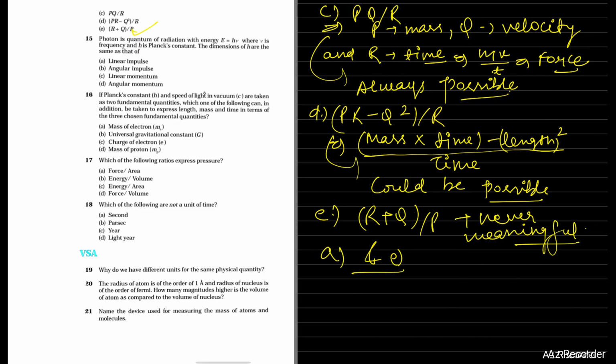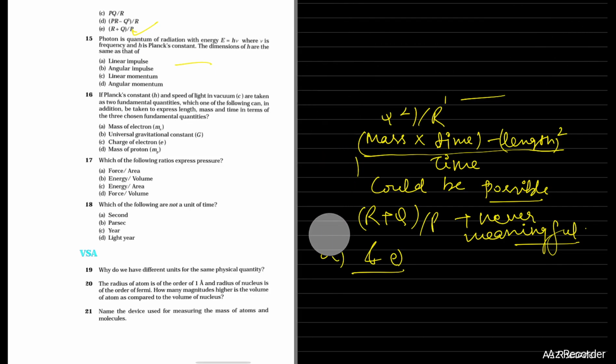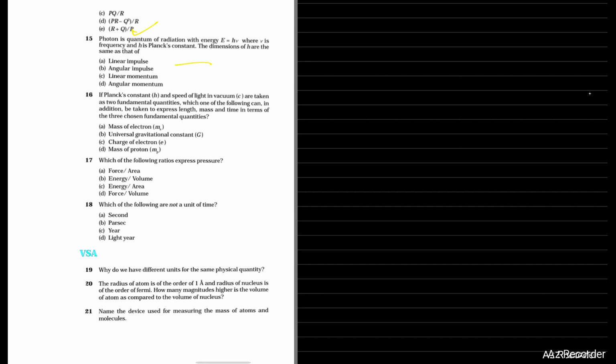Now question number 15. Photon is a quantum of radiation with energy E equal to h nu, where nu is frequency and h is Planck constant.